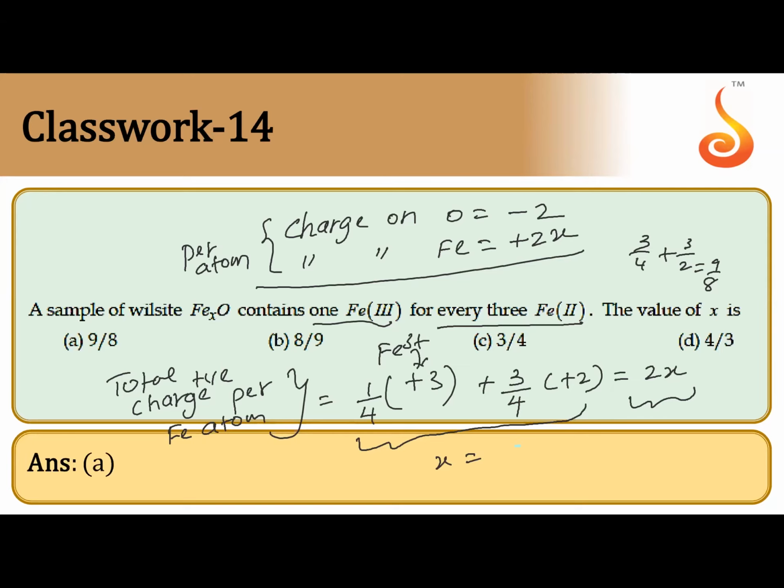Calculate this value, you will get 2.25. 2.25 is equal to 2x. So x equals 2.25 by 2. If you multiply by 4, you will get 9 by 8. 9 by 8 means option A.